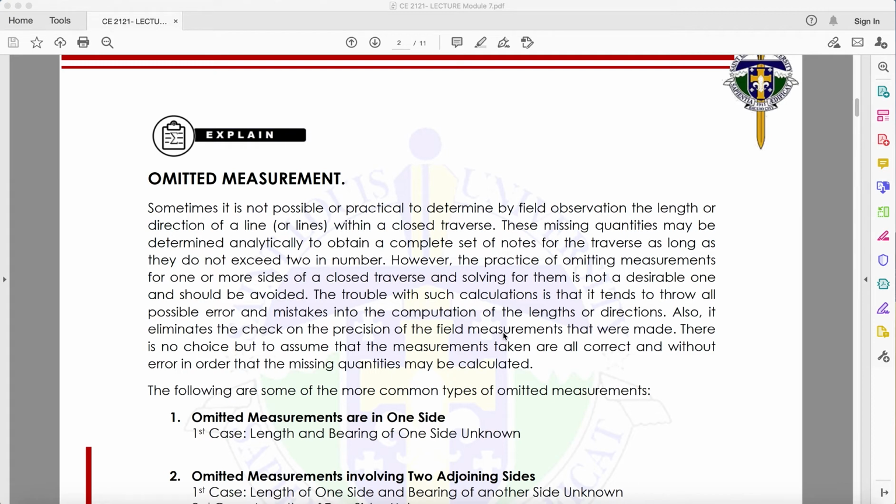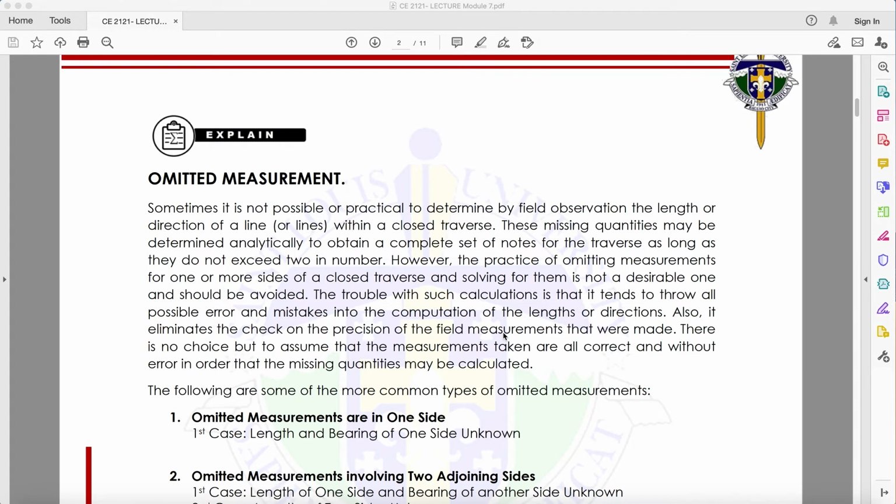There is a high possibility that when we do surveys, what we survey has a misclosure. From the previous modules, we were able to solve for the misclosure and we were also able to correct it.